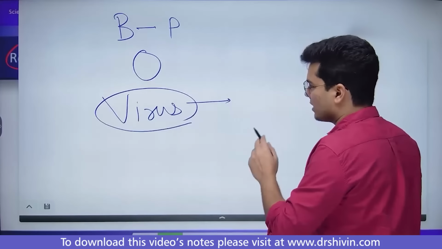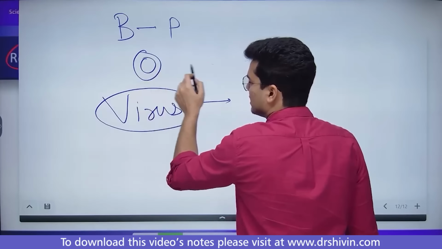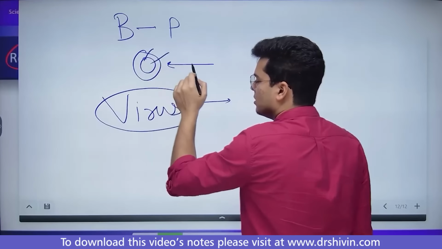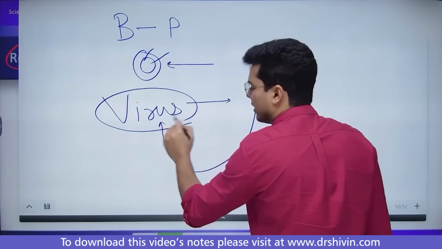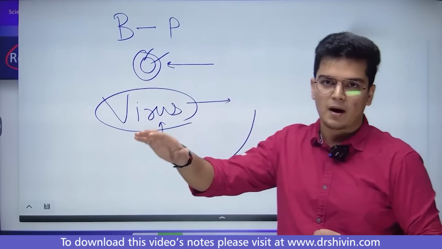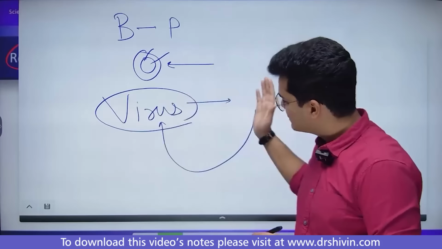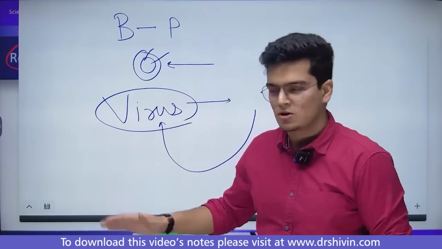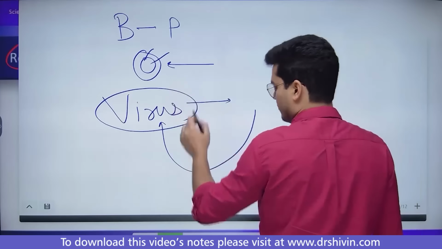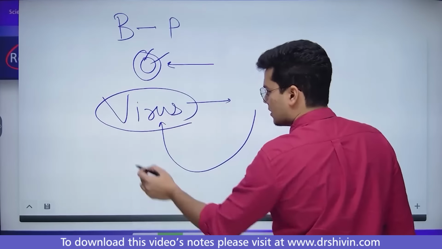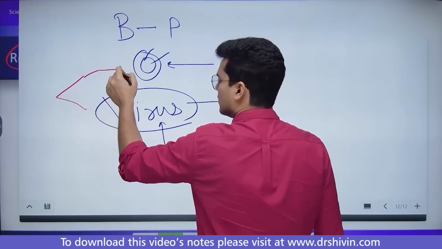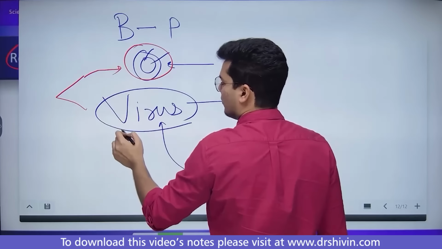So what I can do is I can either do genetic editing of this plasmid, remove the gene that causes disease and insert the gene that I want, or I can do genetic editing of the virus. I can remove the part that causes disease, I can insert the part that I want. So I am using what? I am using a carrier called vector, either a plasmid or a virus.